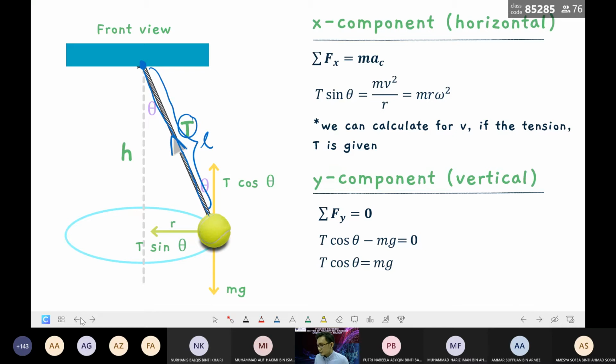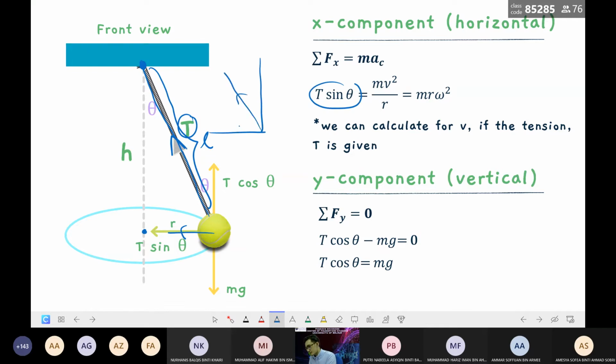And then we do have X component, we do have Y component. Jadi untuk X component, we need to equalkan the force of X component dengan centripetal force. Sebab it looks like this lah, dia ada this center, and then kita tahu that the centripetal force is always pointing to the center, and the one that supplies to the center is only T sin theta yang kita dapat tadi daripada tension.